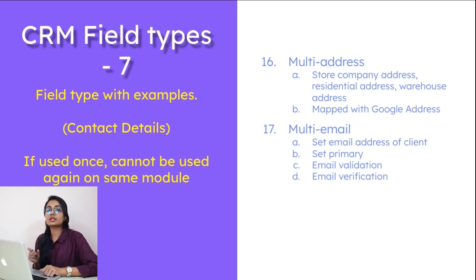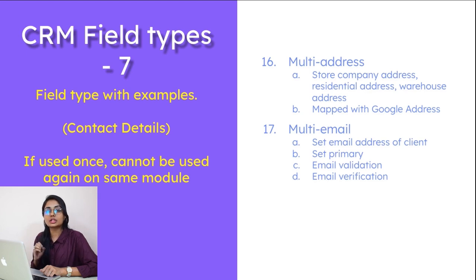Whereas email verification will actually go to a third-party server with which our CRM is connected, look for the email address on that server to see if there is actually an email by this address available, and give us the result. So I will know whether the email ID I am communicating with really exists or not.